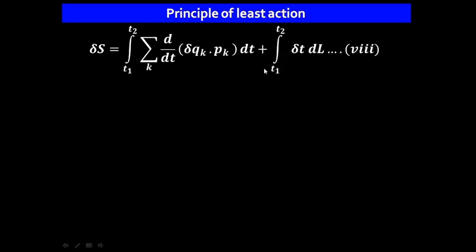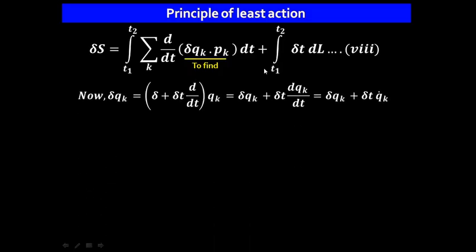Now we will find out delta qk into pk. First of all we will consider delta qk. The variation delta can be written as delta plus delta t d by dt, as we have already seen earlier, operating on qk.